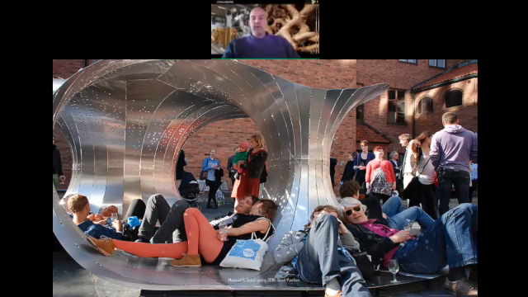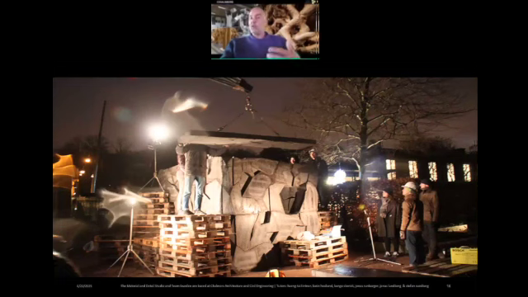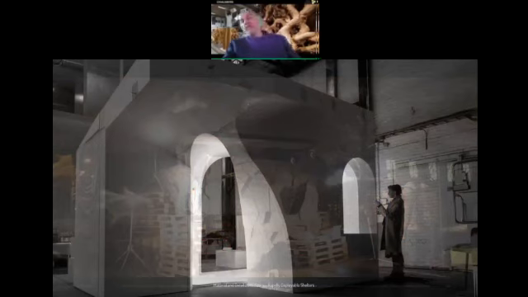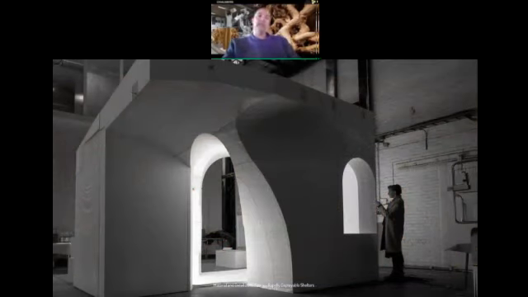And then another year, we were working in concrete, and again exhibited at the botanical garden in Gothenburg. And another year we worked with Shelters for Humanity in making lightweight refugee shelters for Syria.